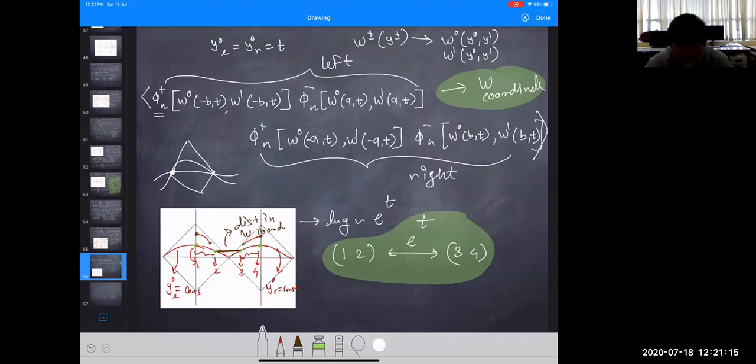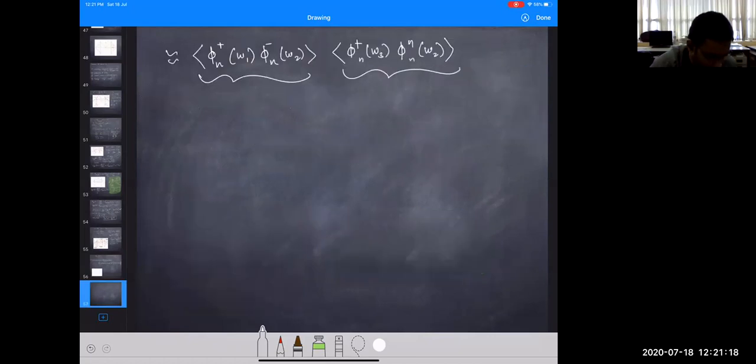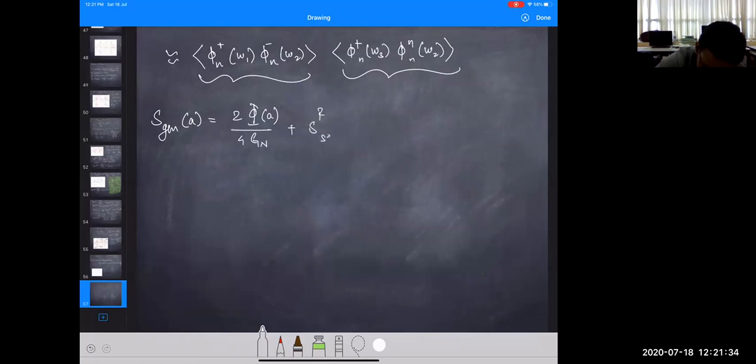So let me write down the expression and then wait for questions. S generalized of A was supposed to be twice the value of the dilaton over G Newton, plus the fine-grained semi-classical entropy of the interval minus B comma A on the left, union the interval minus A comma B on the right.